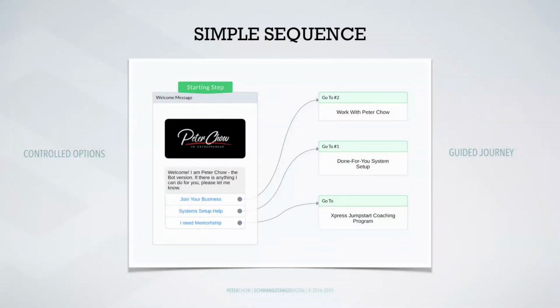Okay, the simple sequence is showing you the very same thing as I mentioned before, a guided or controlled user experience. Because as you can see, I give them a welcome message, and then I give them 3 choices. So I'm controlling where I'm expecting them to have questions on.